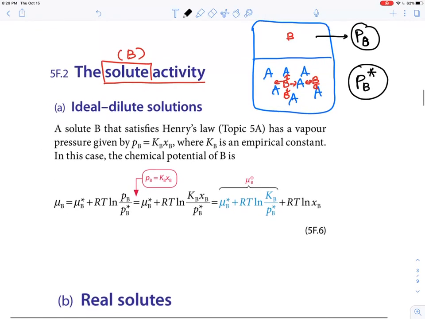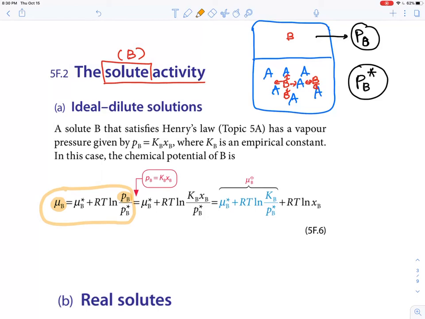This is always the case: whether it's an A or a B, this is the real relationship between the activity and the vapor pressure of the system.